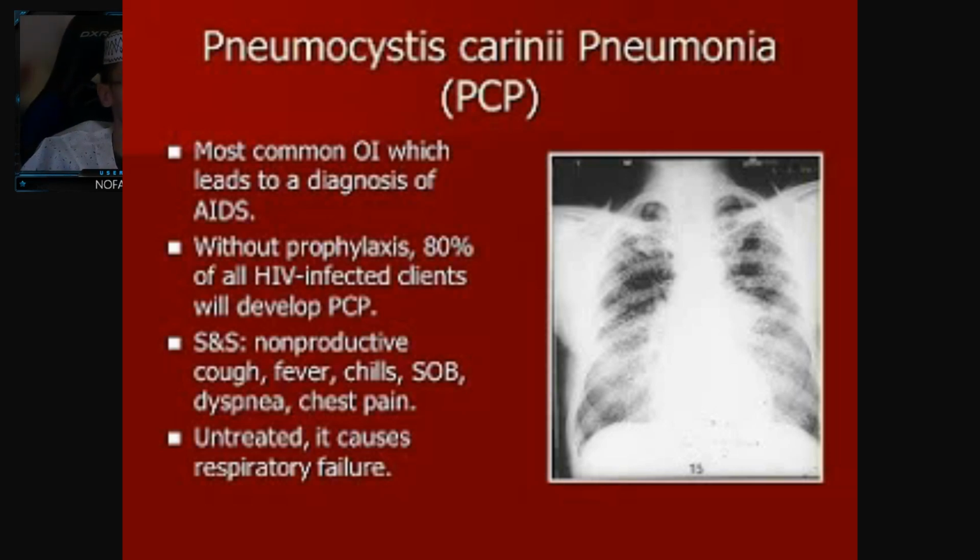Whenever their CD4 count is less than 200, they become susceptible to this fungus and start to present with pulmonary symptoms, for example a non-productive cough, chest pain, shortness of breath.